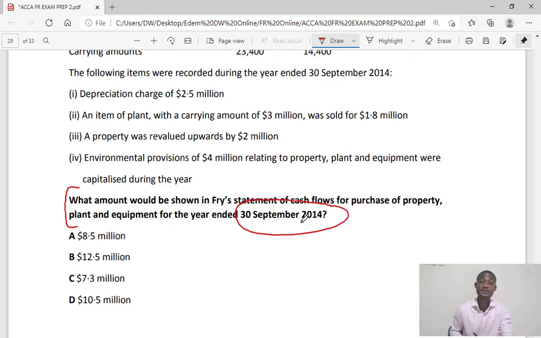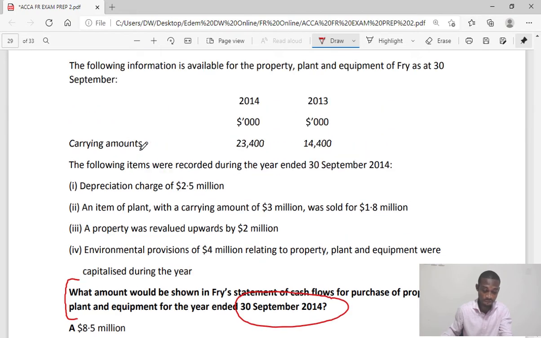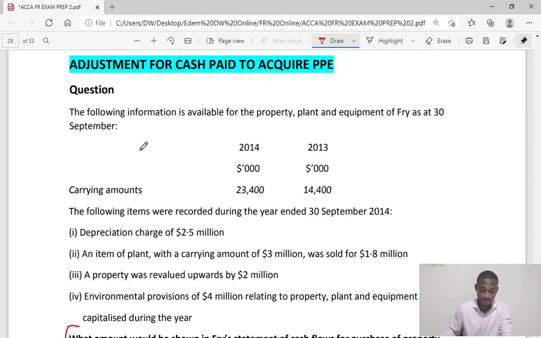So cash paid to acquire PPE. Now the extract from the entity's financial position statement reveals the carrying amount. So we have 2013, 2014, 2013 being the prior year, current year 2014.